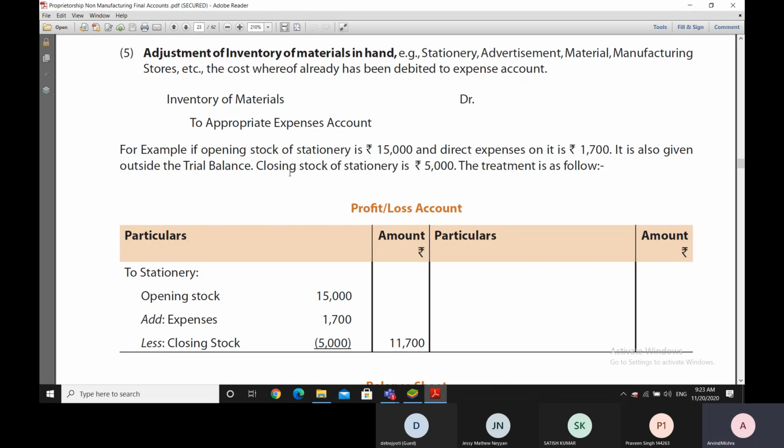Let us say that the opening stock of the stationery was 15,000 rupees and we have made direct expenses of 1,700 rupees. Now, it is also given outside the trial balance that the closing stock of the inventory is 5,000 rupees.